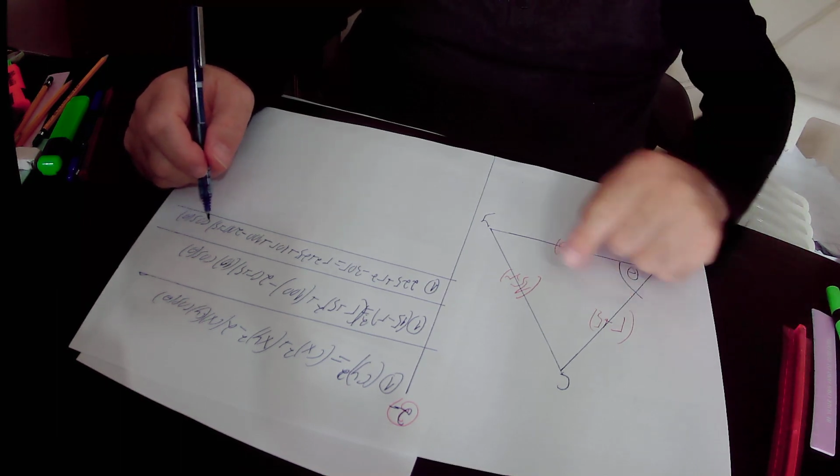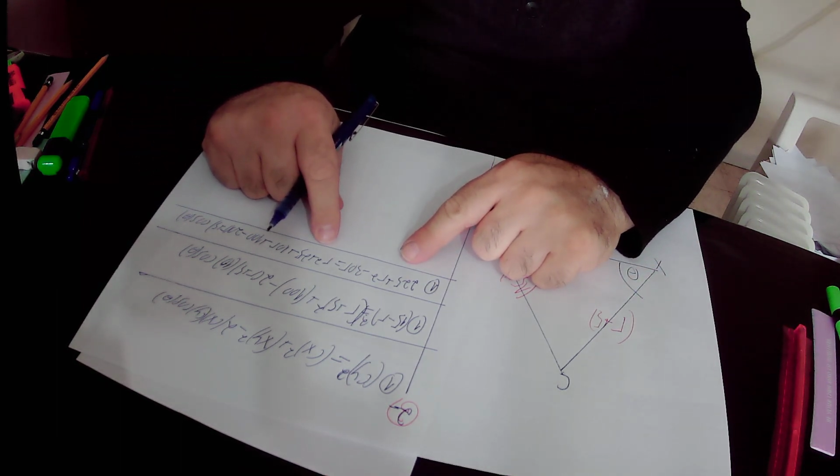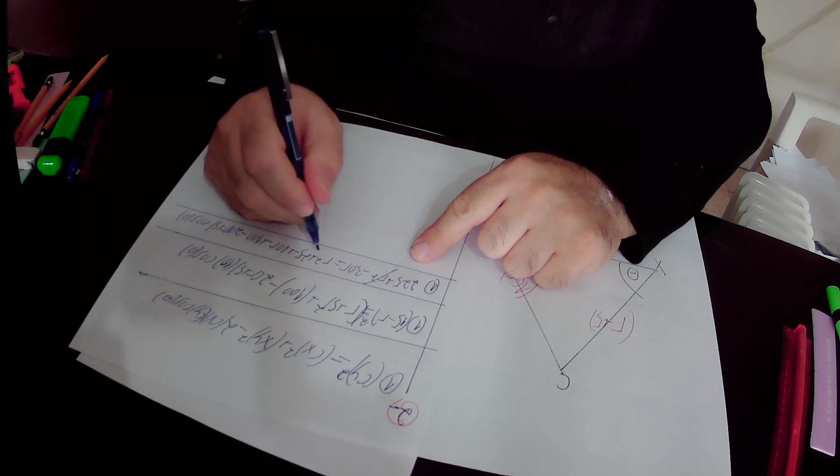So here we have r squared on both sides of the equation, so r squared will get cancelled.